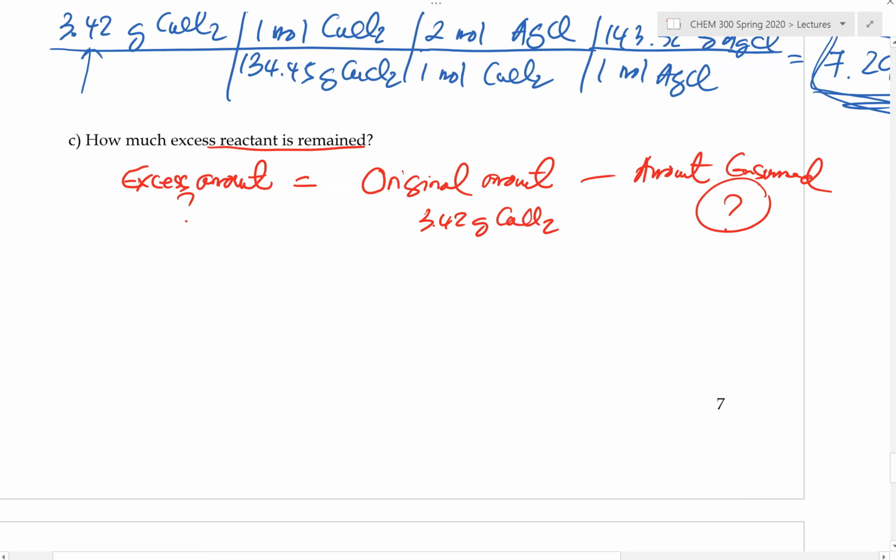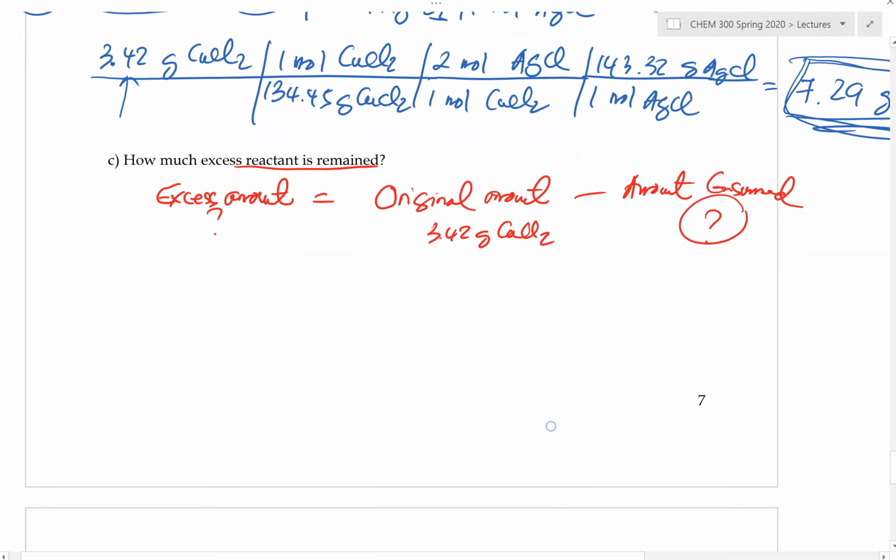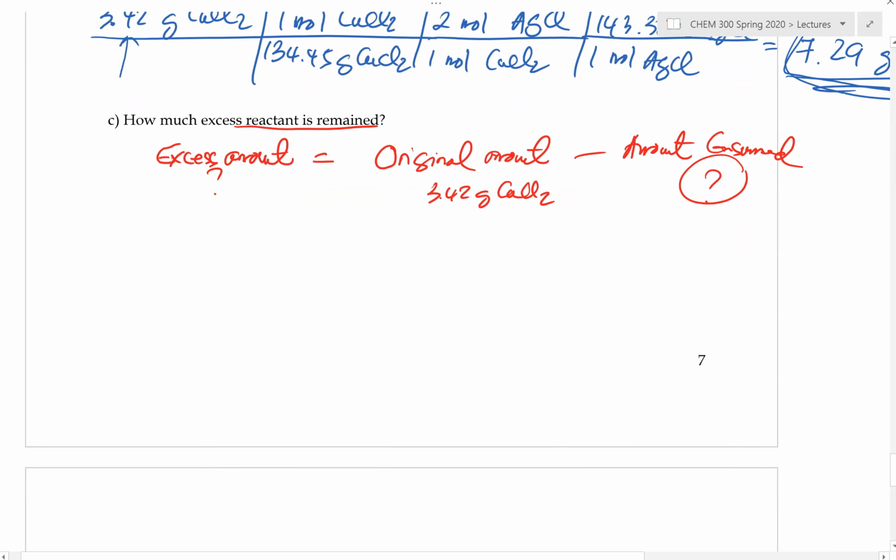To figure out how much of the copper 2 chloride would be consumed, we can start from the amount of the limiting reactant. And now say that if we use up all of this limiting reactant, how much of the other reactant would then be required? So here in this case, this is one way to solve it. 5.98 gram of silver nitrate. So this is our limiting reactant right here. So starting from this amount right here, we would convert this into mole.